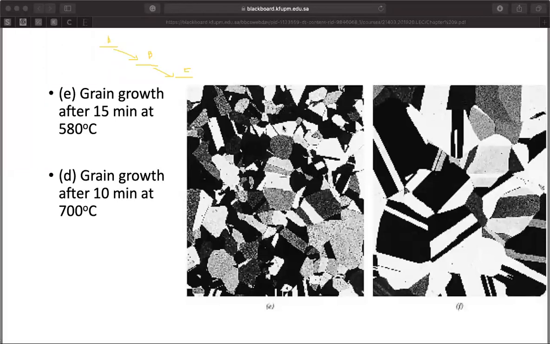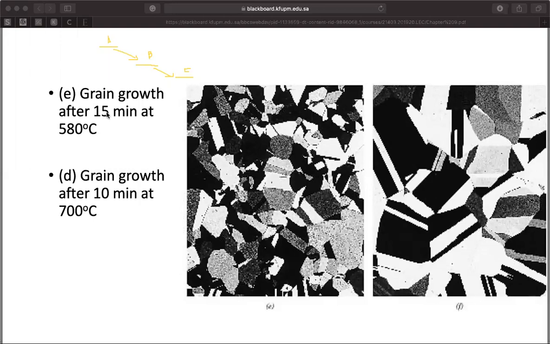This is called the grain growth stage, where you grow the grains to have fewer grain boundaries. Because remember, in one of the previous chapters, we talked about defects, and said that there is an energy associated with each type of defect: point defects, dislocations, grain boundaries, or external surfaces.